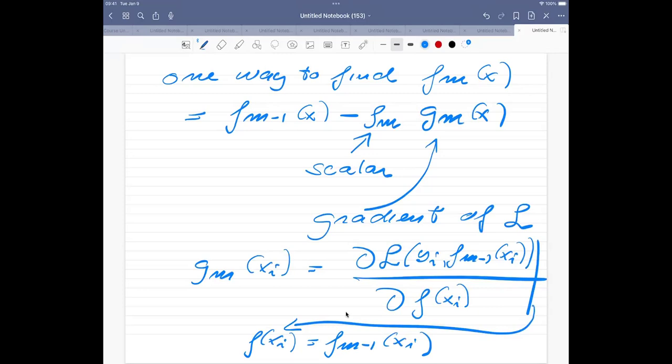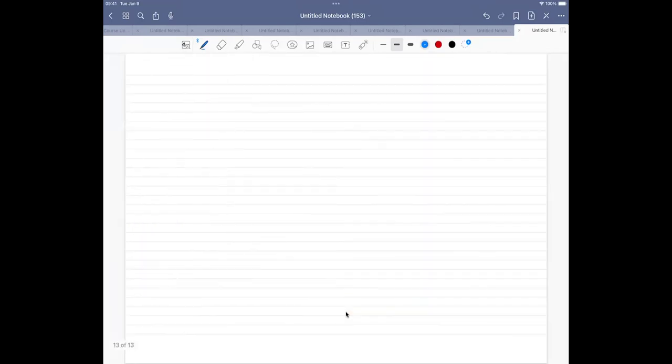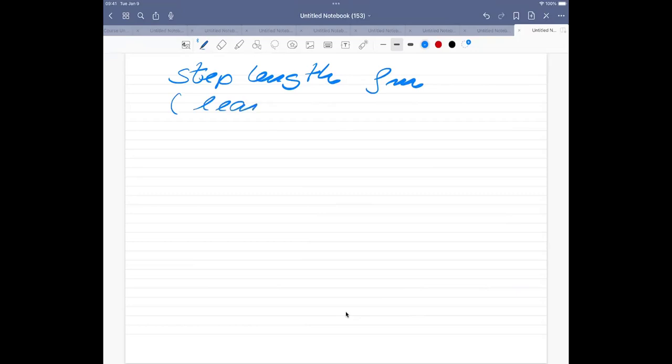So the next step is then to define this step length or learning rate, as we've called it. Rho of m is what we have called the learning rate. And then we simply define that one by finding the optimal one, which is the minimum.